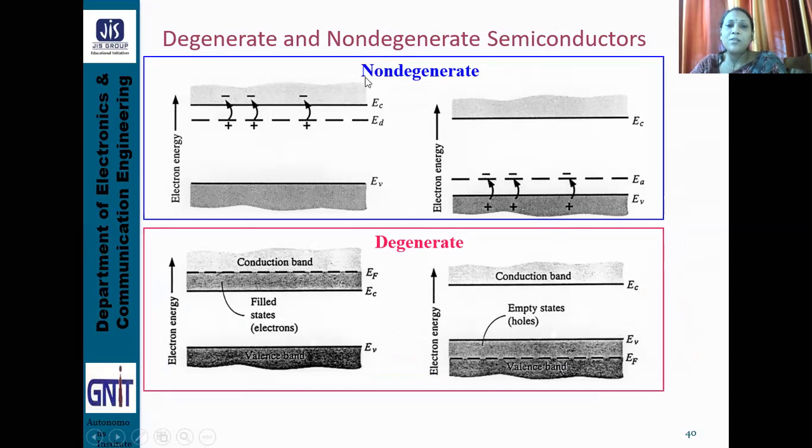This is the normal case, non-degenerate semiconductor, and this is the degenerate semiconductor, where a higher number of impurity atoms have been added. So EF lies inside the conduction band here in the n-type semiconductor, and EF lies inside the valence band here for the p-type semiconductor. This is called a degenerate semiconductor.